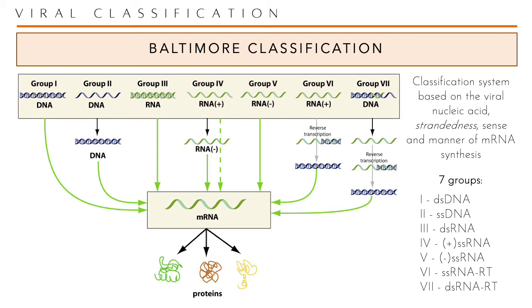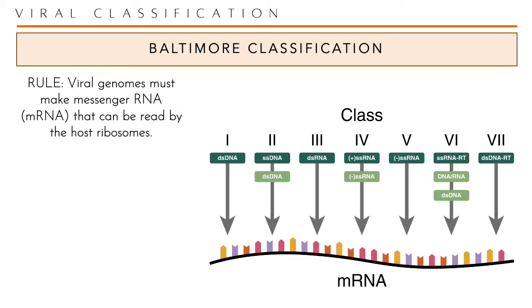We will be discussing this one by one, but I wanted you to understand, okay? The final product that you want is the messenger RNA, mRNA, which can be read by the host ribosomes, which can then translate the mRNA into the viral proteins, all right?